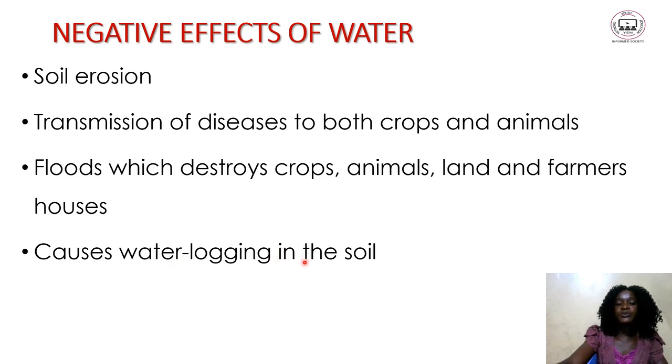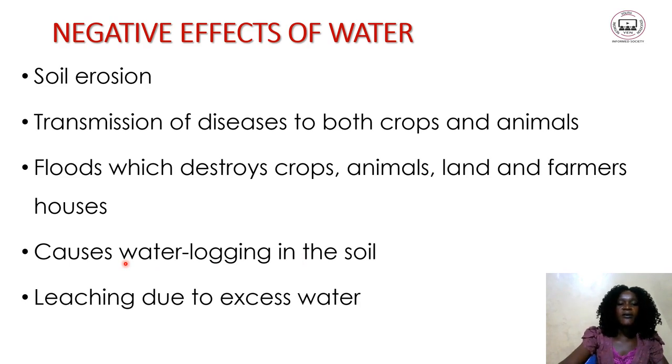Even though water is important in crop production, air is equally important. So if there is only water in the soil without air, that will have a negative impact in crop production.